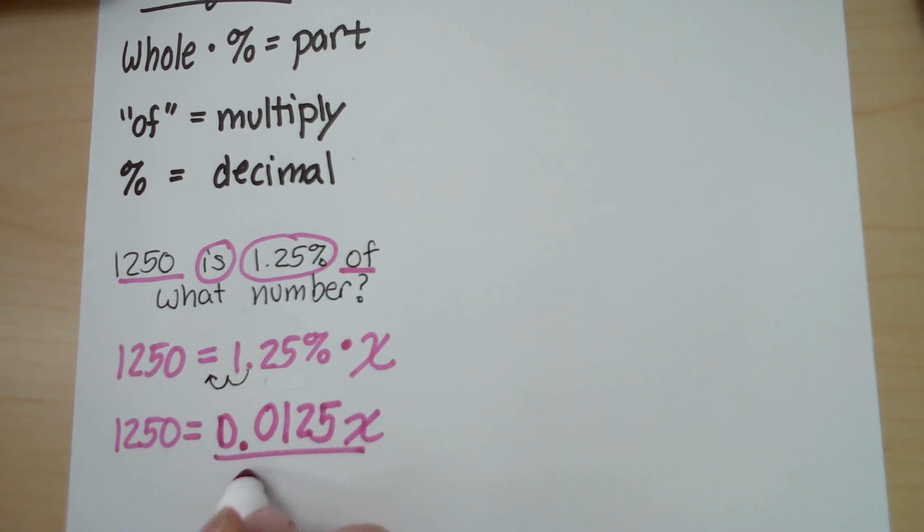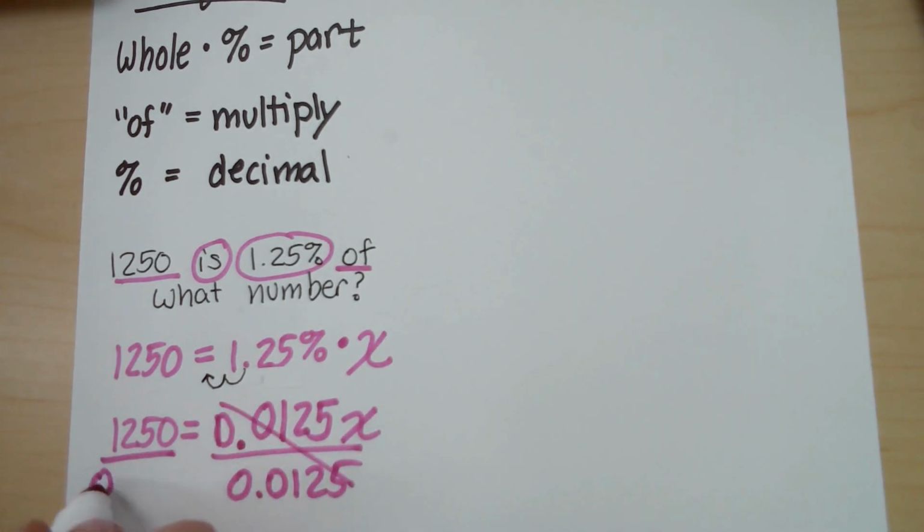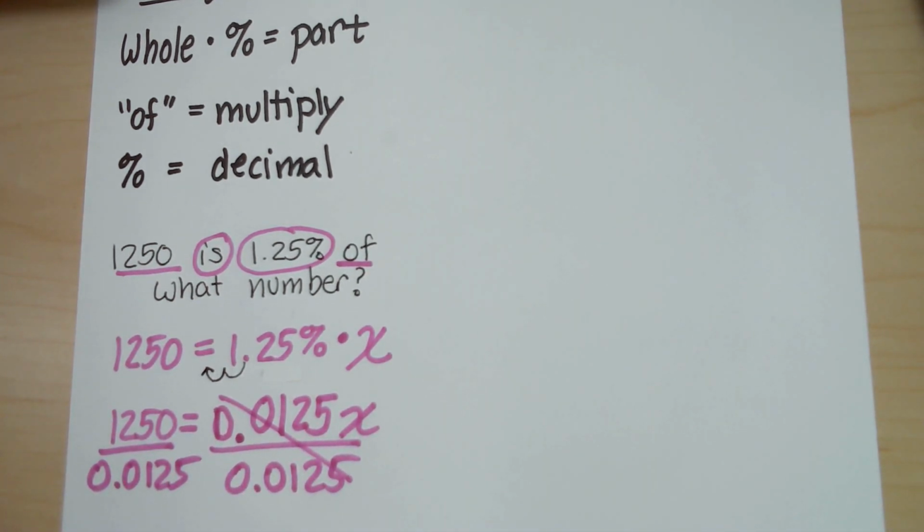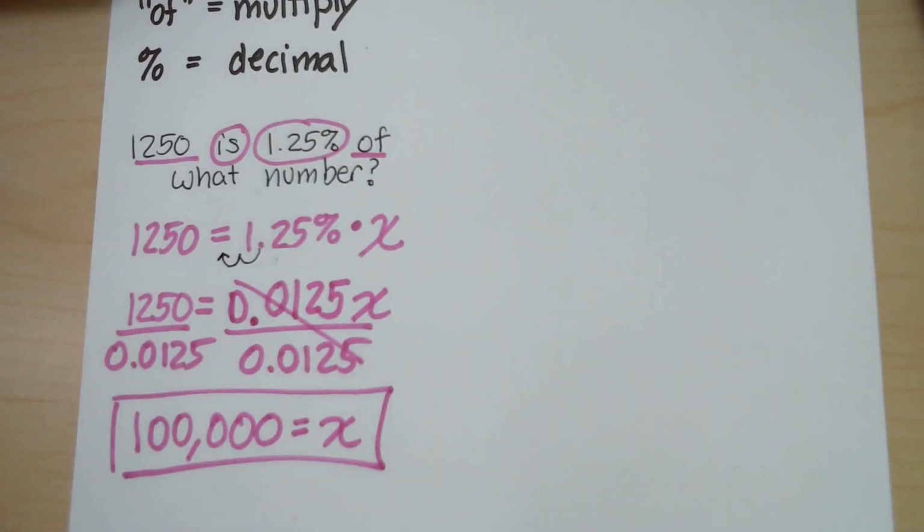Then we'll divide by our decimal, and 1250 divided by 0.0125 is 100,000. So our answer would be 100,000.